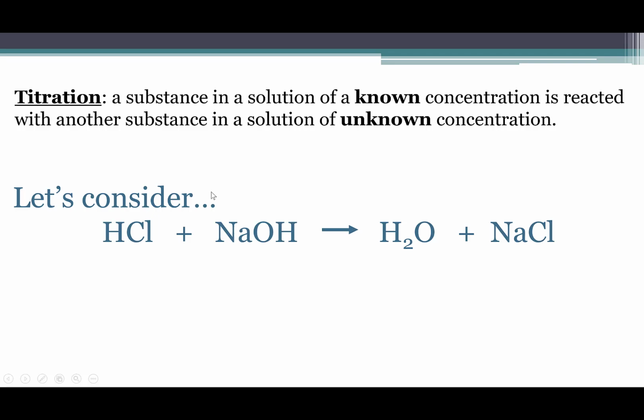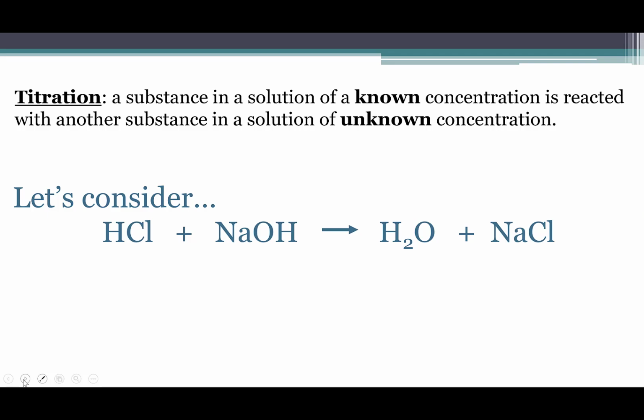I'm going to give you guys just a second to write it down because it's the one we're going to use as our example. So in this example, we've got hydrochloric acid, that's our HCl, reacts with sodium hydroxide, that's our NaOH, and we produce water and sodium chloride.